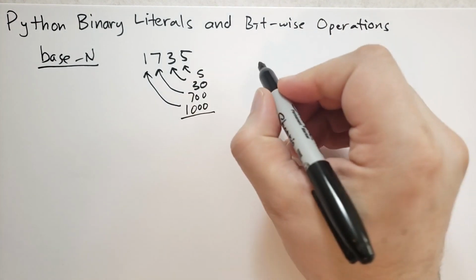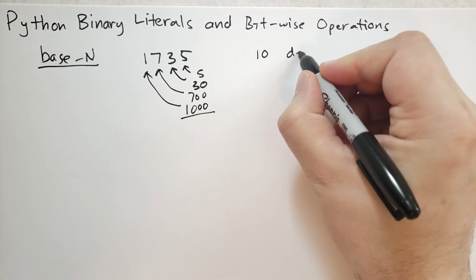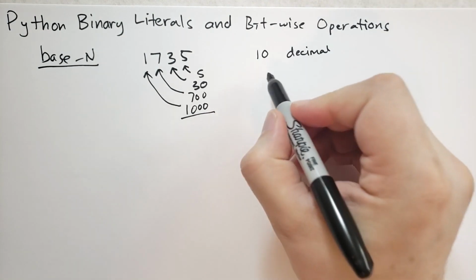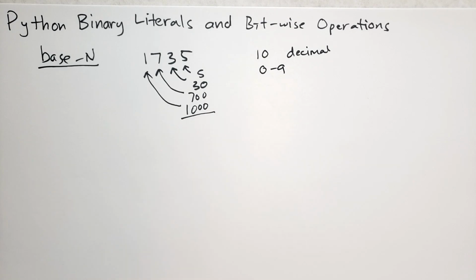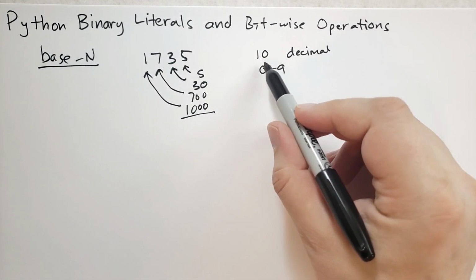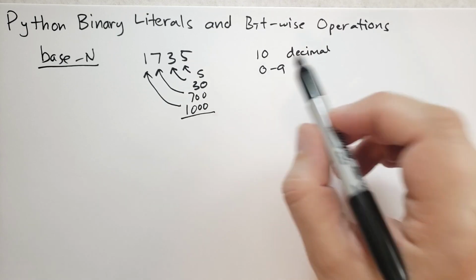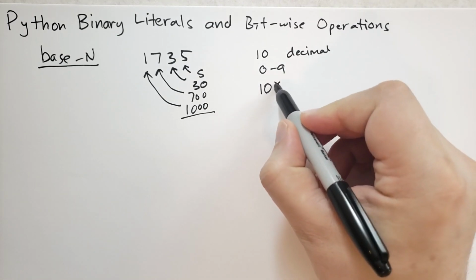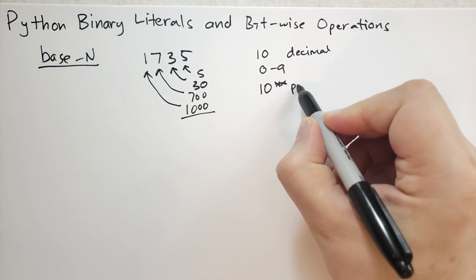And we notice that this is decimal. Decimal is base 10. And there are 10 numbers, 0 through 9, that you can use. It doesn't go up to 10, it goes up to 9. So it goes up to 1 less than the base number. And each position is worth 10 to the position number.